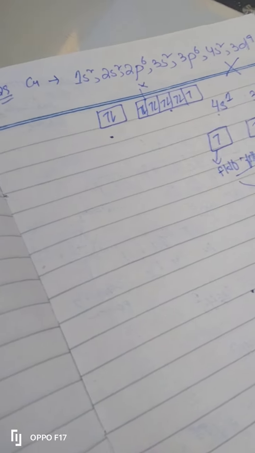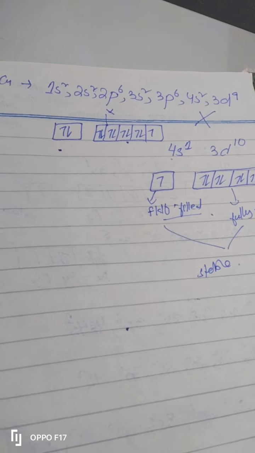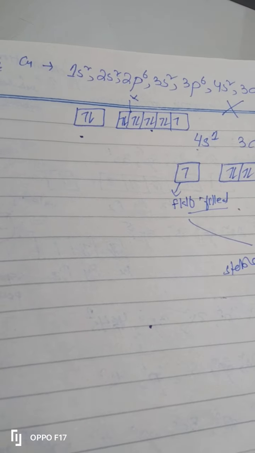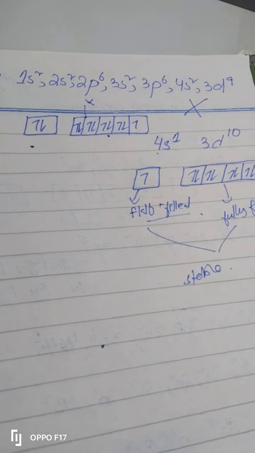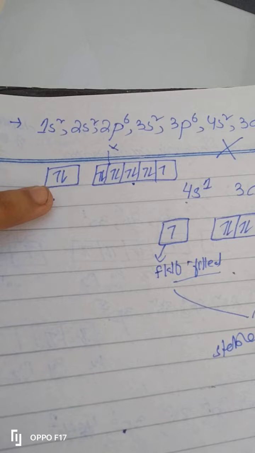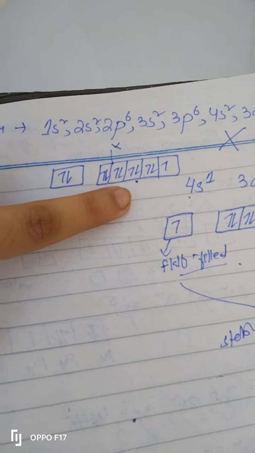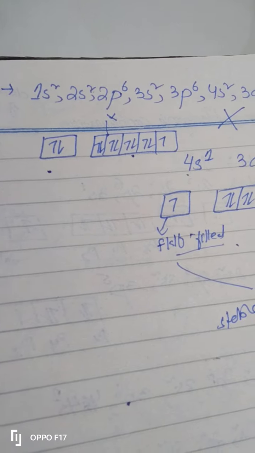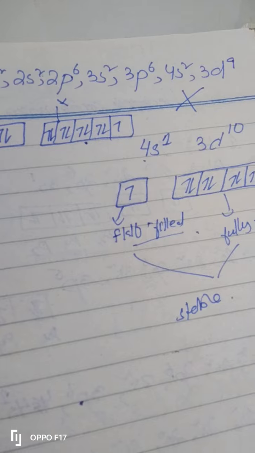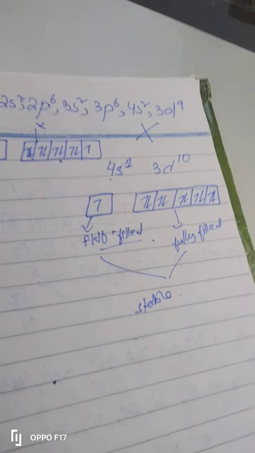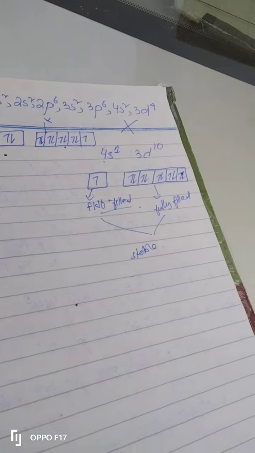What we discussed previously, that stability only comes when the subshell is either half filled or fully filled, right? So as you can see over here, stability is not coming, because this is neither fully filled nor half filled. But when we do this, it is half filled, means there is stability. And when this is fully filled, it means there is stability.